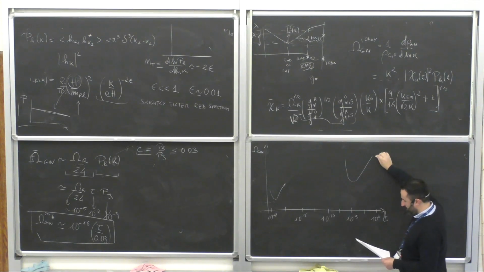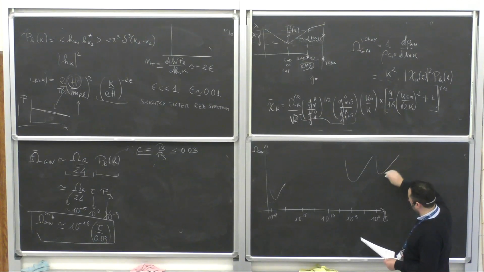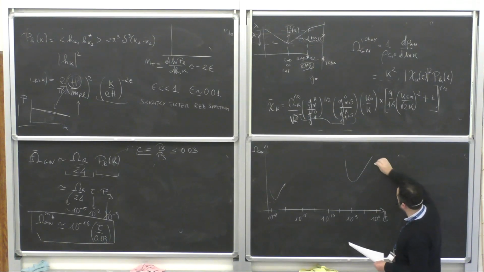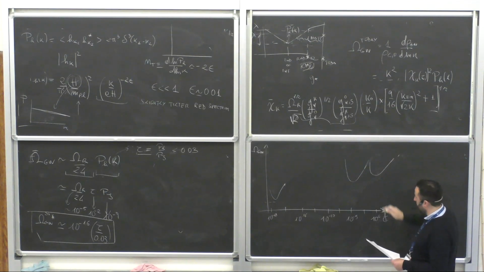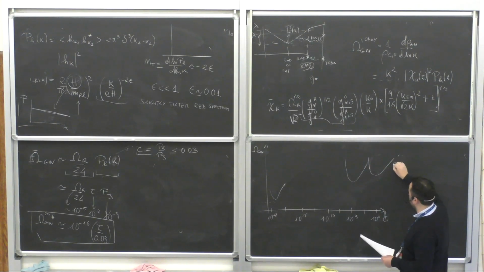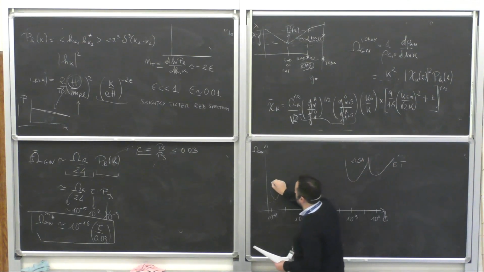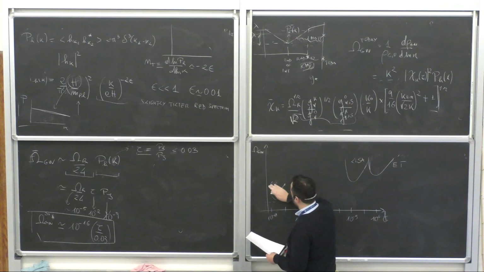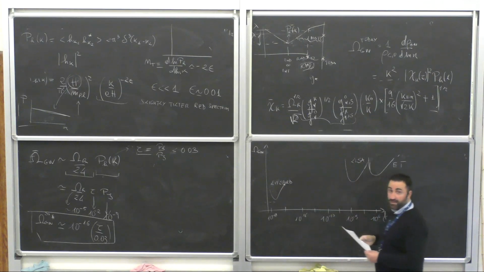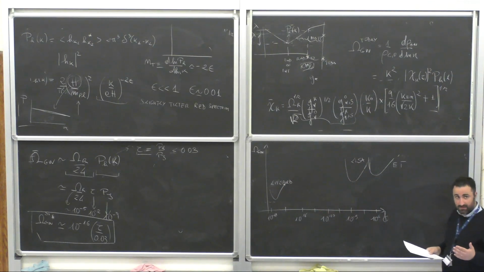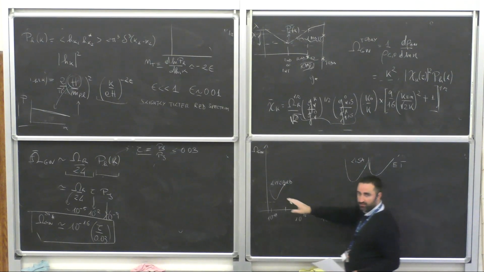While ET will work a bit lower here, okay? Let me write ET, Lisa, CMB. This is LiteBIRD, for instance. These are the noise of the detectors, okay, in a rough way, in omega units.